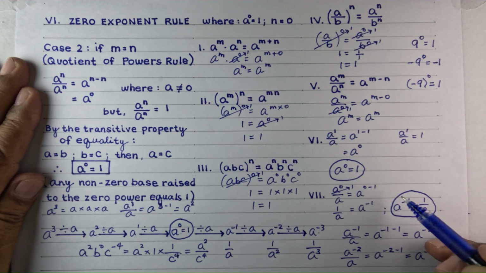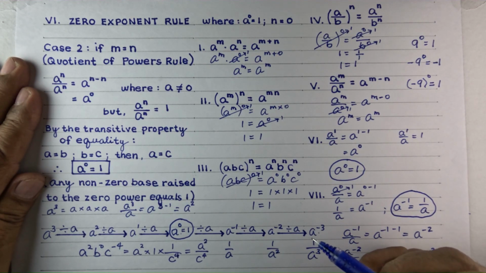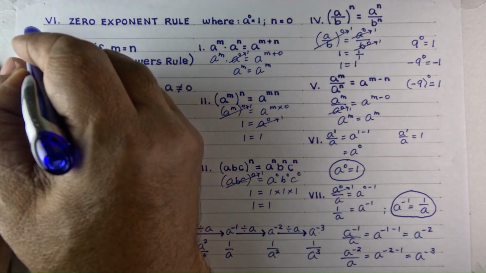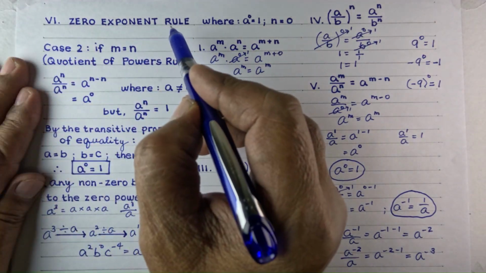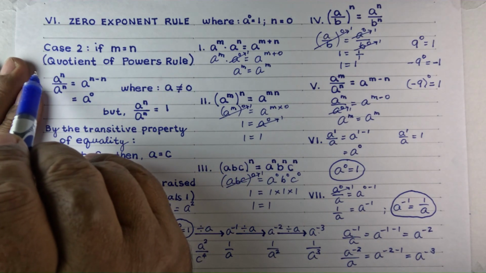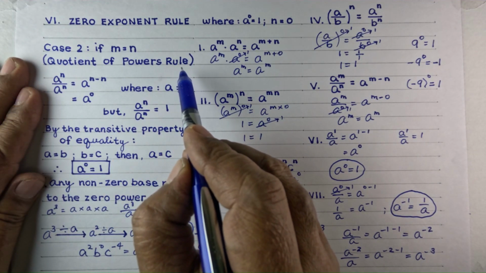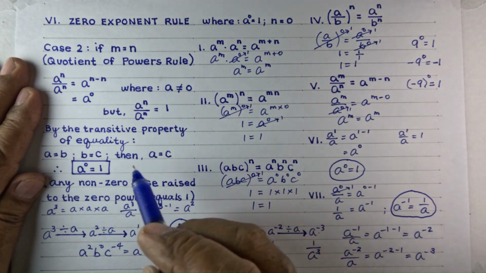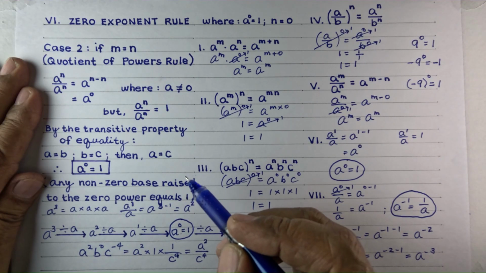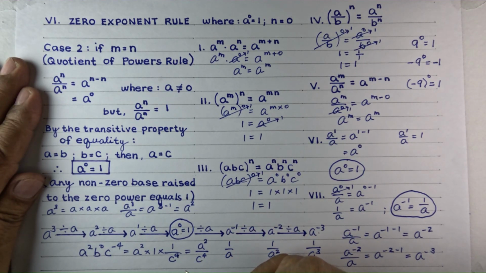Because of its importance, mathematicians and educators recognized it as the 6th law of exponents, and not merely a special case of the quotient of powers rule. So we can say this simple yet powerful rule transformed mathematics beyond what we could ever have imagined.